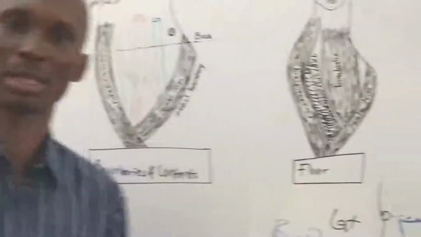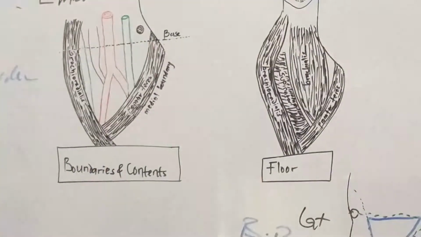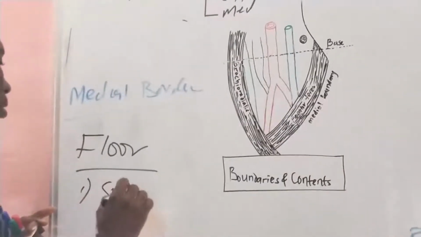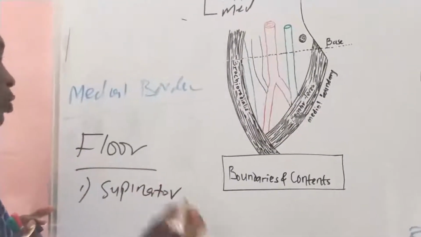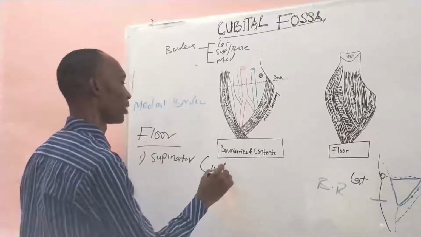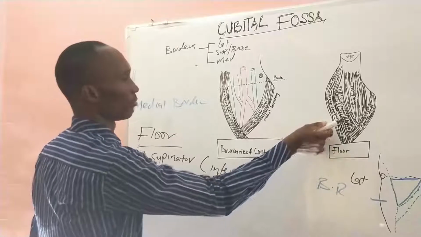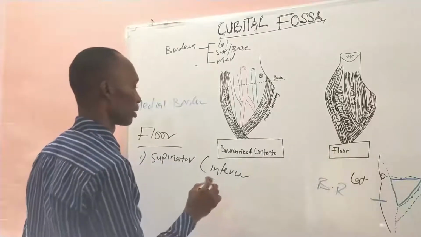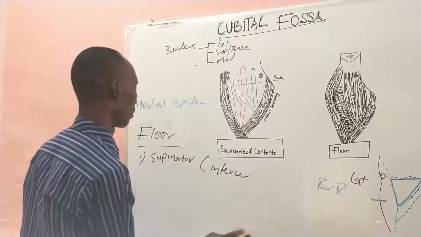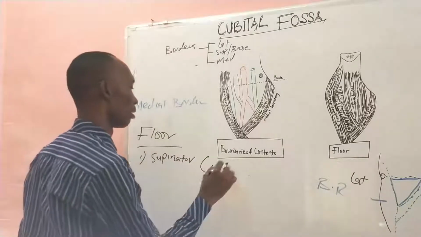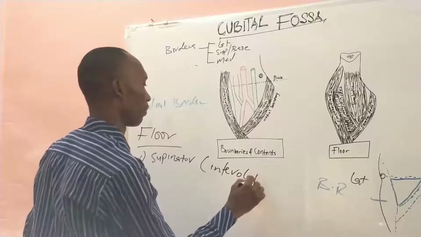So the two structures that form the floor are, one, the supinator, which is in the inferior lateral part.